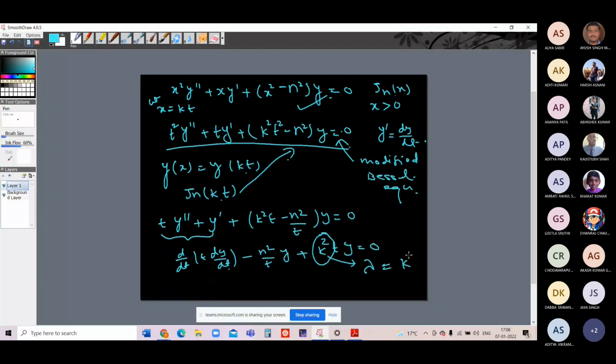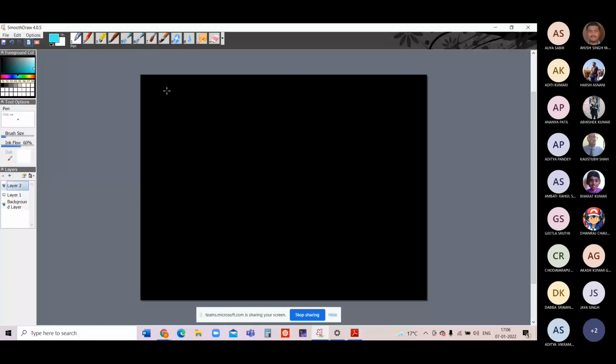So this equation is now in the form of the Sturm-Liouville equation. The Bessel equation in Sturm-Liouville form is of this type: d by dt of t into dy by dt, minus n square by t y, plus k square t y is 0.